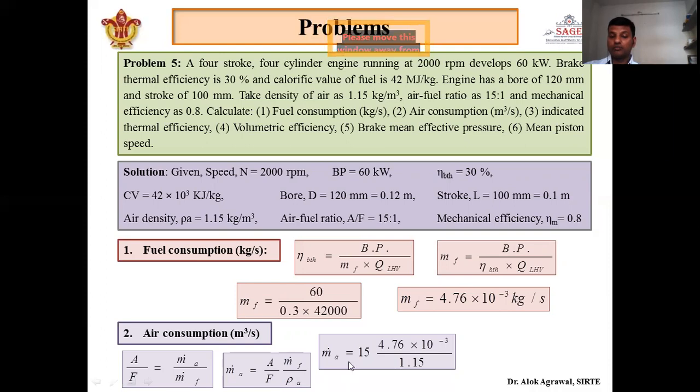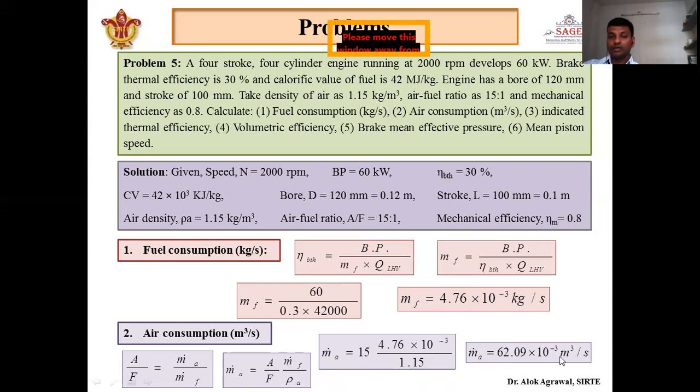So the unit of the mass flow rate will be converted and it will give volume flow rate. Now, by substituting all the values, A by F 15, mass flow rate of fuel 4.76 into 10 to the power minus 3, and density of air 1.15, we'll get 62.09 into 10 to the power minus 3 meter cube per second as flow rate of air.